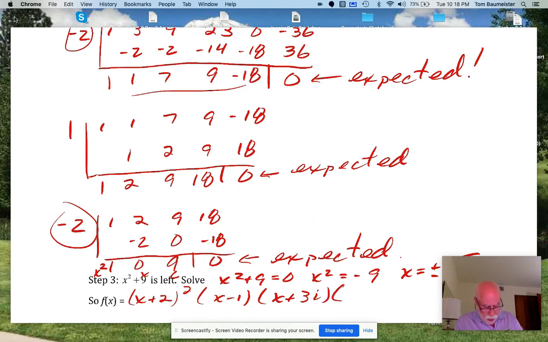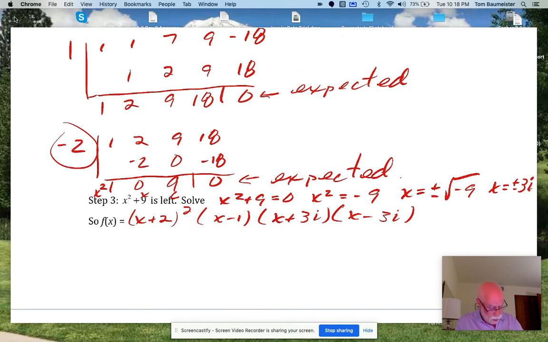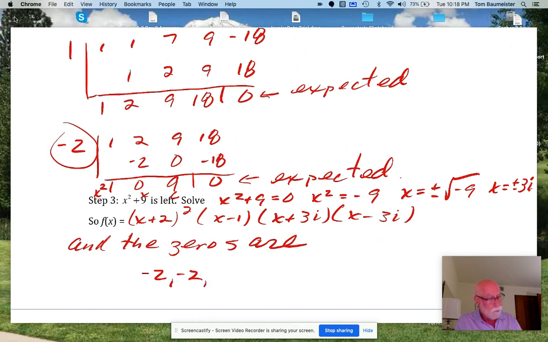And we have our x minus 3i. And you can say, and the zeros are, again, I told you, negative 2, negative 2, positive 1, negative 3i, and a positive 3i.